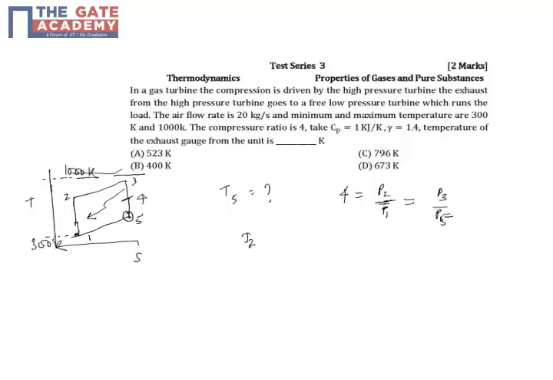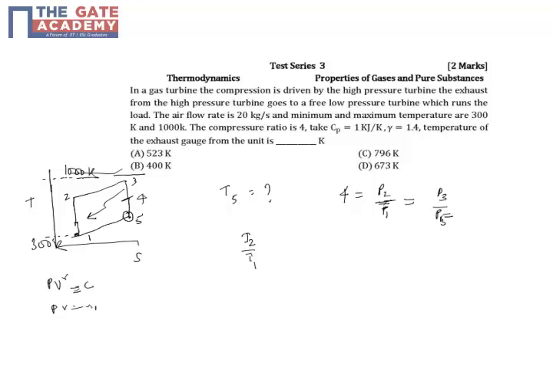So how are the temperatures related? 1 to 2 is basically adiabatic compression. So adiabatic laws will hold. PV^gamma is constant. And we assume that the air is an ideal gas here, so PV is equal to mRT.